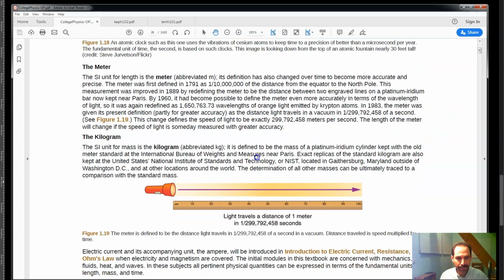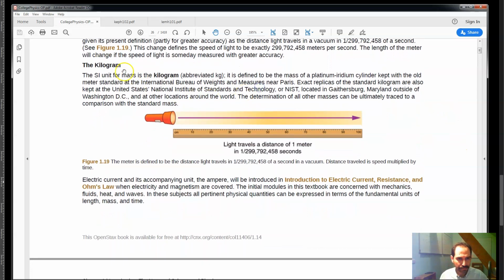Now the kilogram. The SI unit for mass is the kilogram, abbreviated as kg. It is defined to be the mass of a platinum iridium cylinder kept with the old meter standard at the International Bureau of Weights and Measures near Paris.